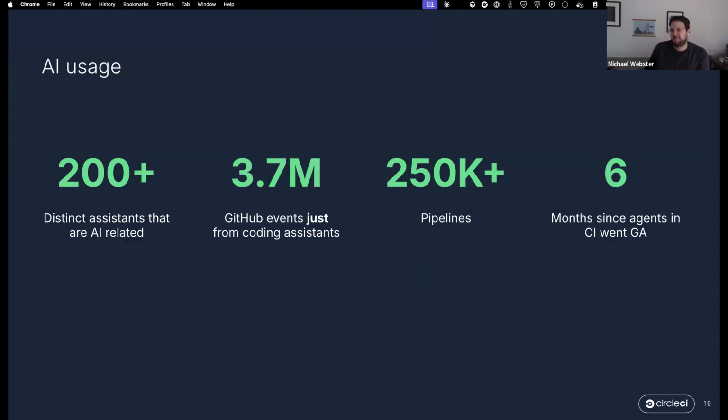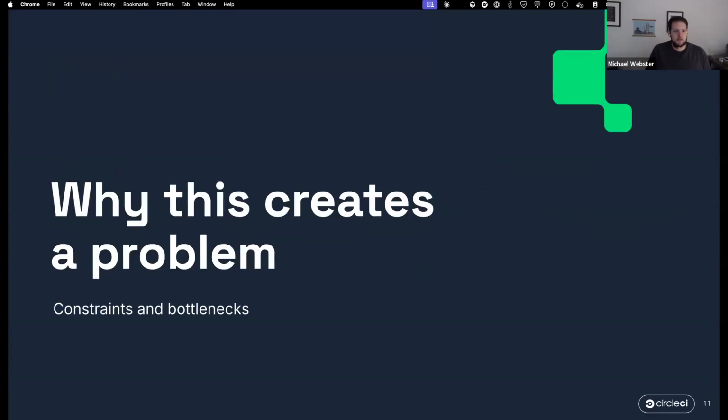This all happened within about 6 months since a lot of these agents went GA, where you could actually assign them a task, and have them attempt to complete it and open a pull request in GitHub. So that's a very fast growth curve. And to me, that's pretty convincing enough that this trend is quite real. It is likely to keep growing over time as these tools get better and adoption increases.